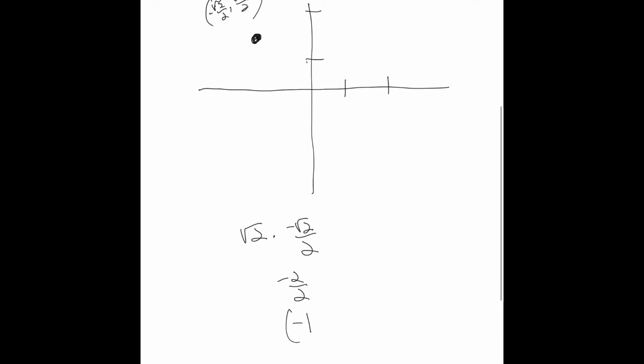That's my x part. My y part, I'm doing √2 times √2 over 2. That's 2 over 2. That's 1. So my coordinate is negative 1, 1.